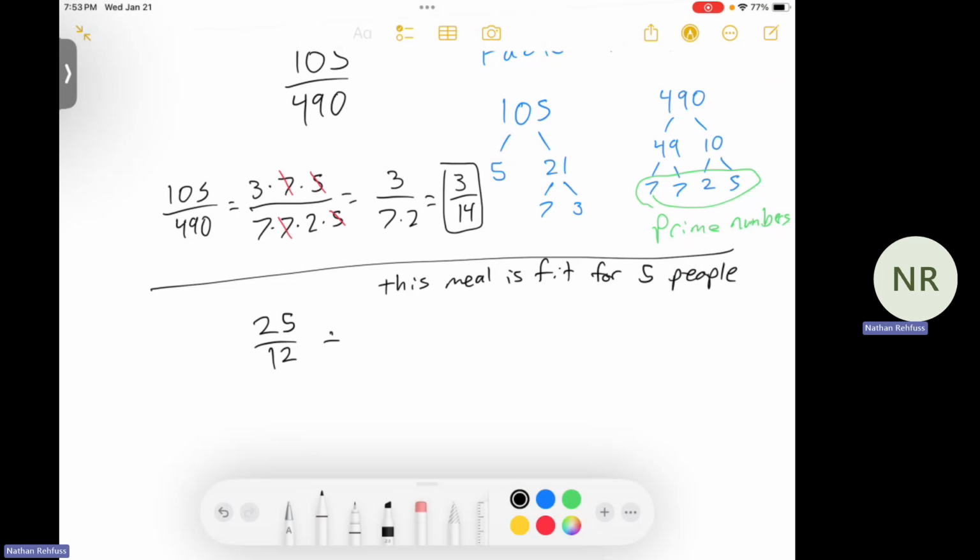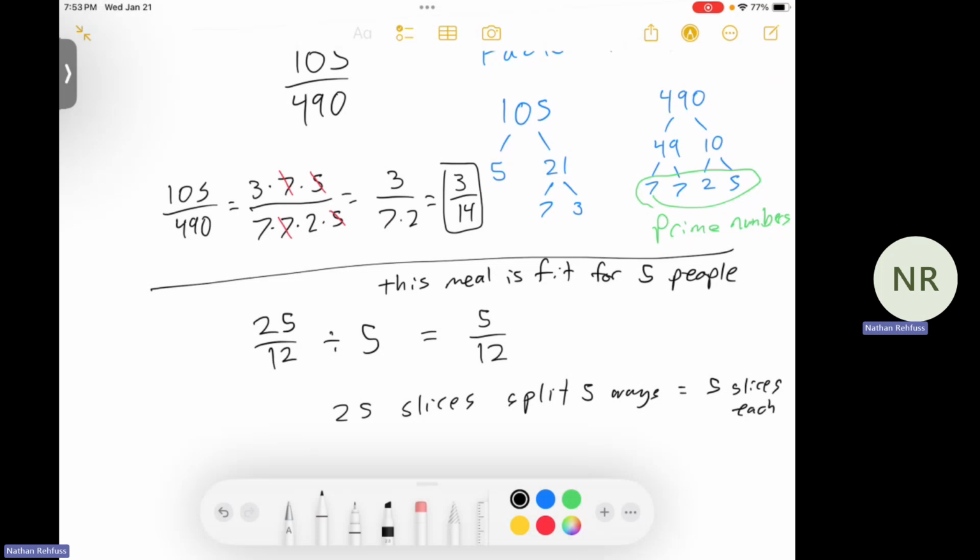So we'll divide it by 5. I have 25 slices. I have to split them 5 ways. So we each get 5 slices.